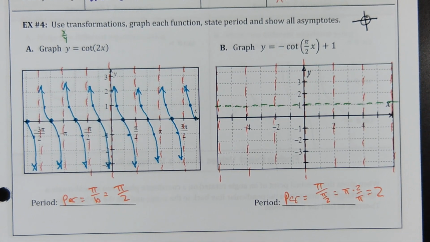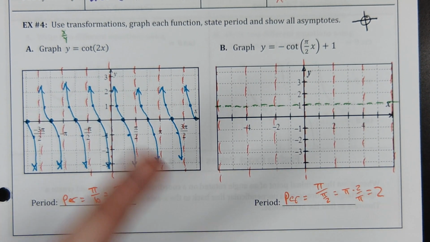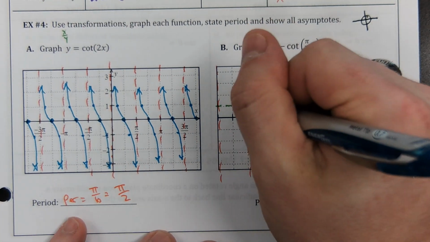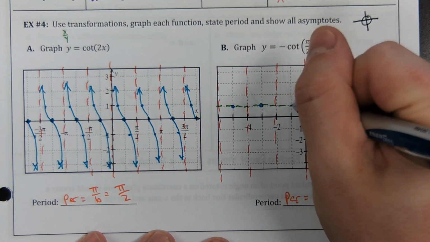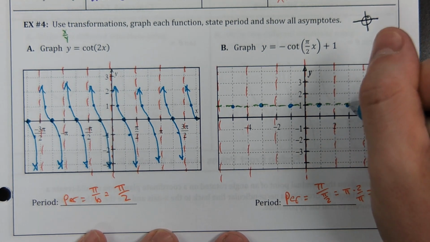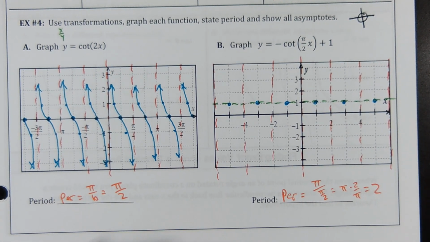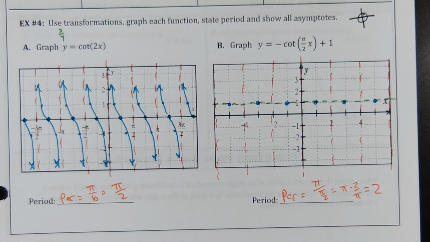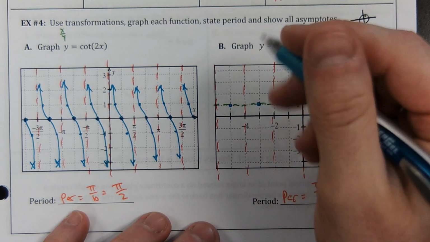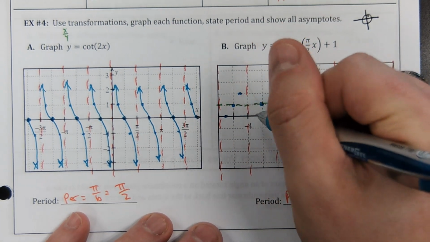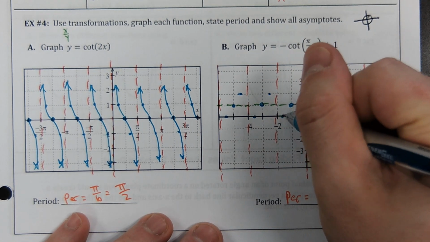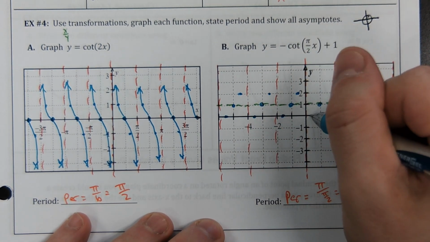Halfway between every pair of asymptotes, I will be on that middle line. And it's been reflected. So that means it has more of a tangent shape to it.